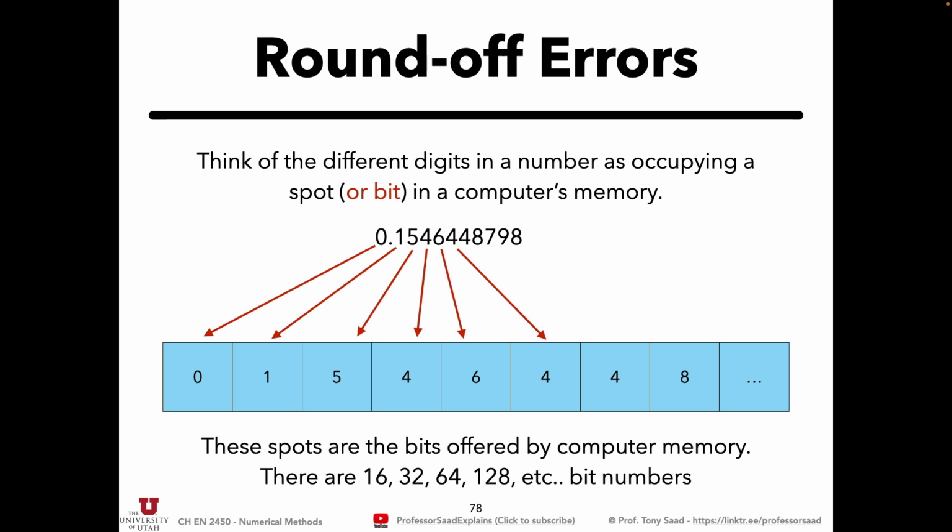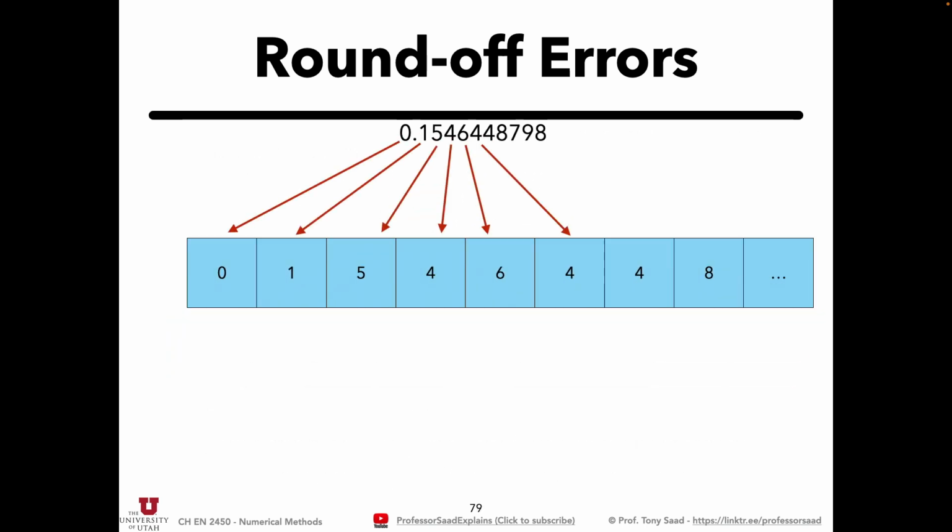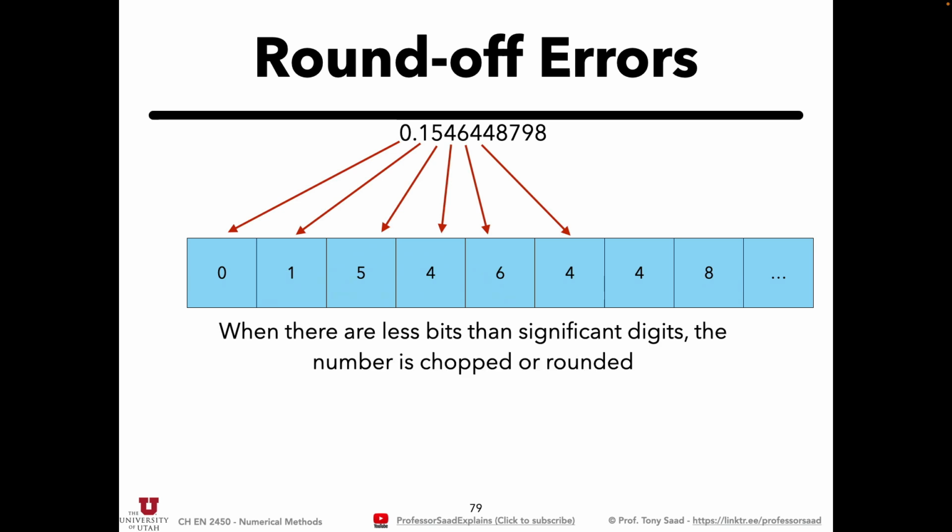It's just to let you think that a number like this is, think of it as occupying different bins in a computer memory, okay? And in fact, each one of those numbers, we're not representing them exactly as 1, 5, 4. We have to convert them to binary first, which I'll show next. But when there are fewer bits than there are significant figures or significant digits, the number is chopped or rounded.